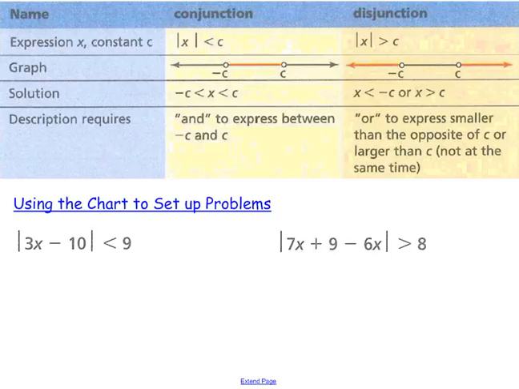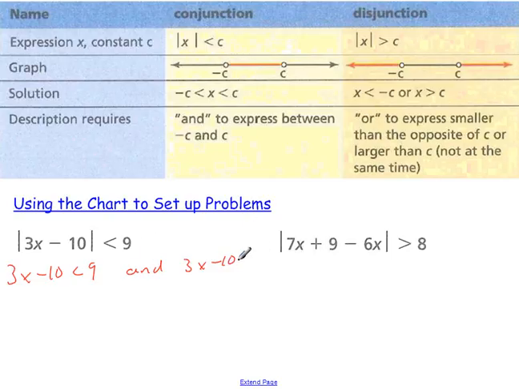We could take the positive of this, 3x - 10 is less than 9. It's almost like you're just dropping the inequality. It's a less than, so we use and, and then we can put 3x - 10. We change the direction of the sign right away. We put greater than, and we change it to -9.